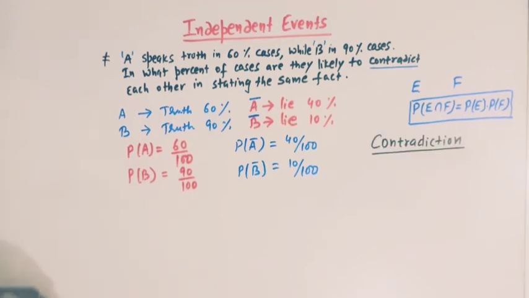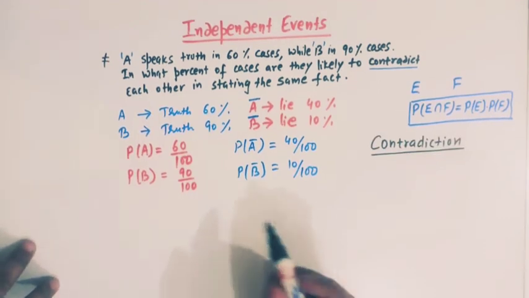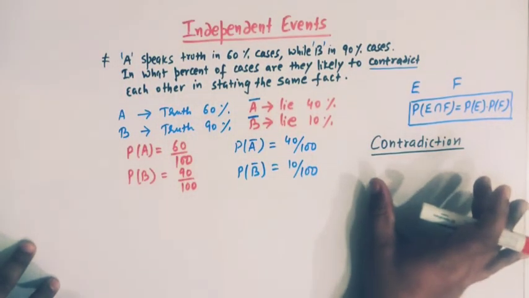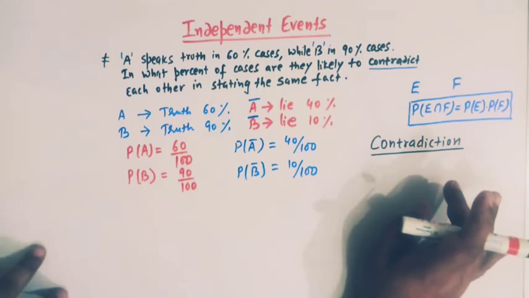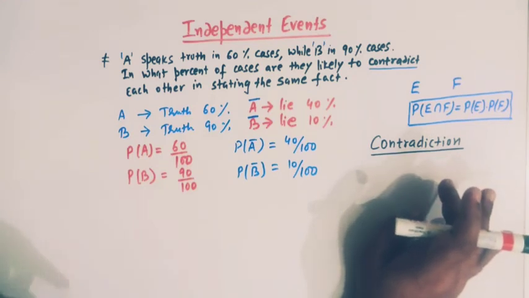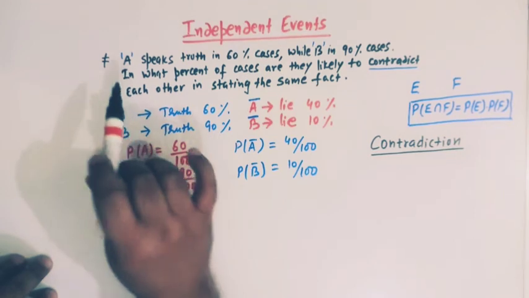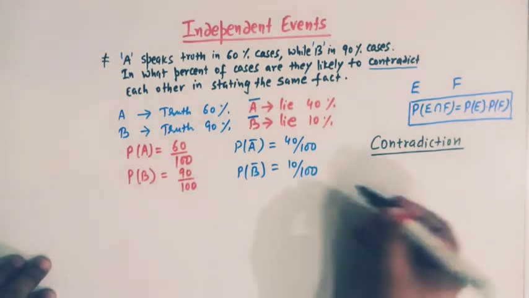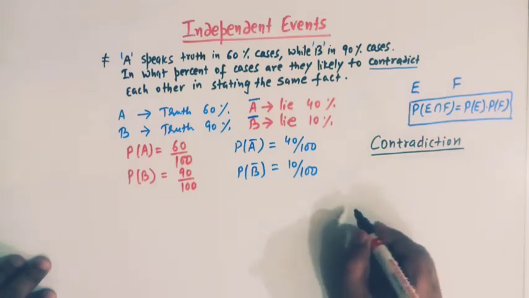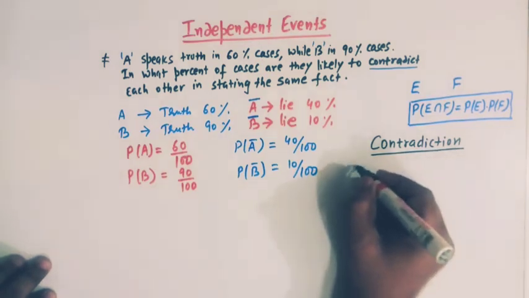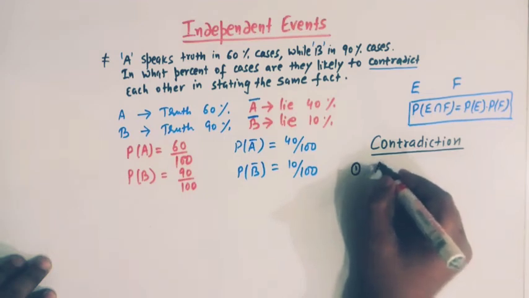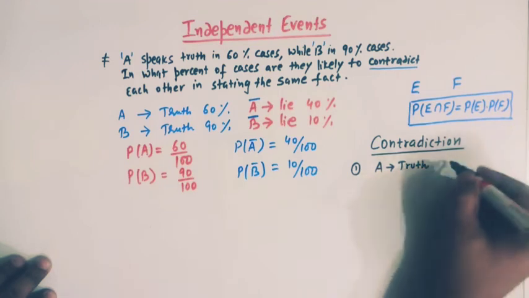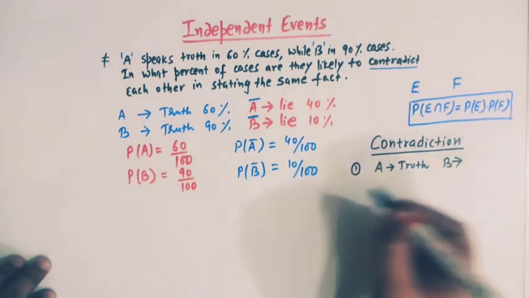Now we have to find the probability that these two persons A and B will contradict each other in stating the same fact. So let us see the conditions when A and B will contradict each other. We have two cases here. The first is that A speaks truth but B does not speak truth.